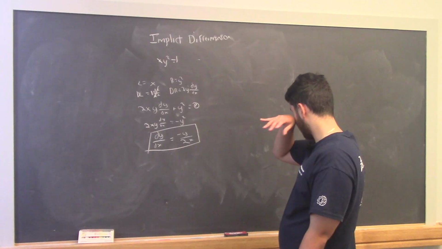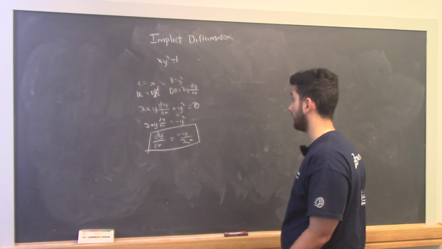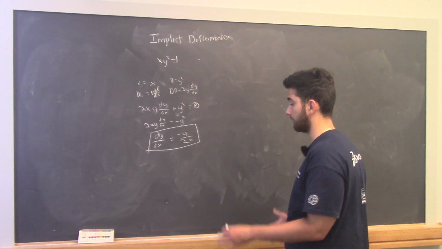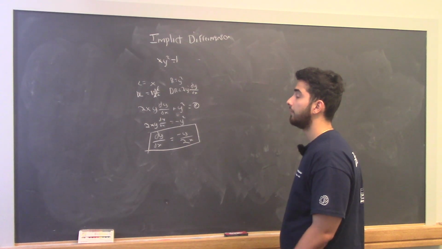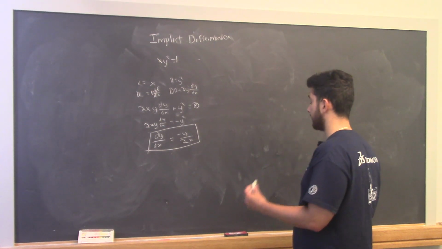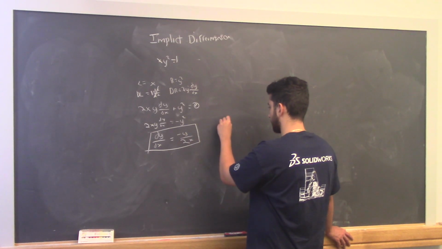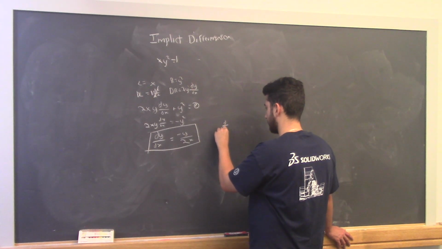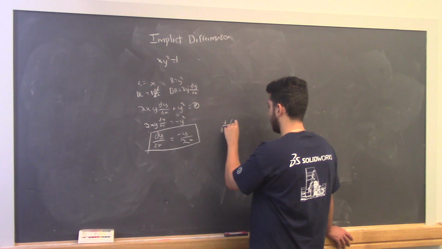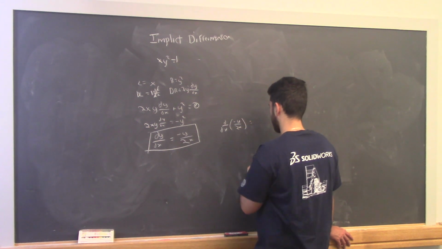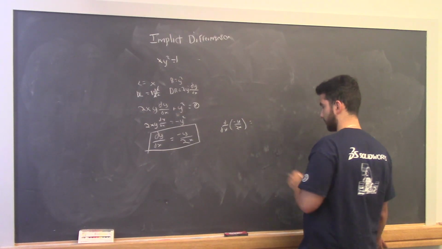Here's a very valid question. Can we take higher order derivatives like the second under implicit differentiation? The answer is yes. And admittedly, it's a bit of a pain. Let's differentiate this with respect to x again, of negative y over 2x. Well, there's going to be a quotient rule now, so it's an extra pain.